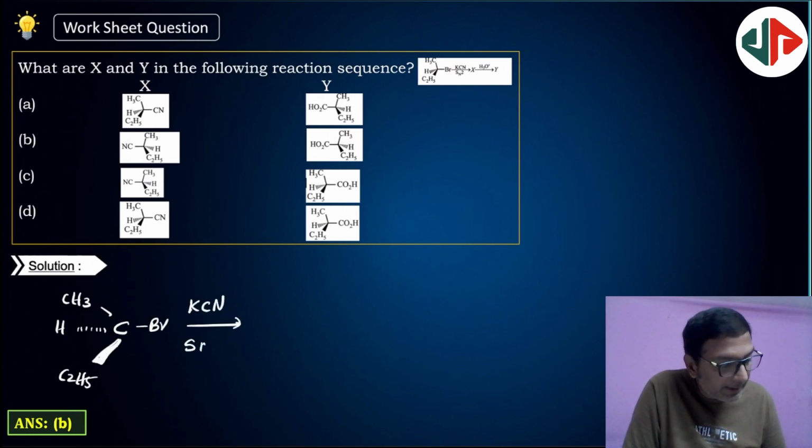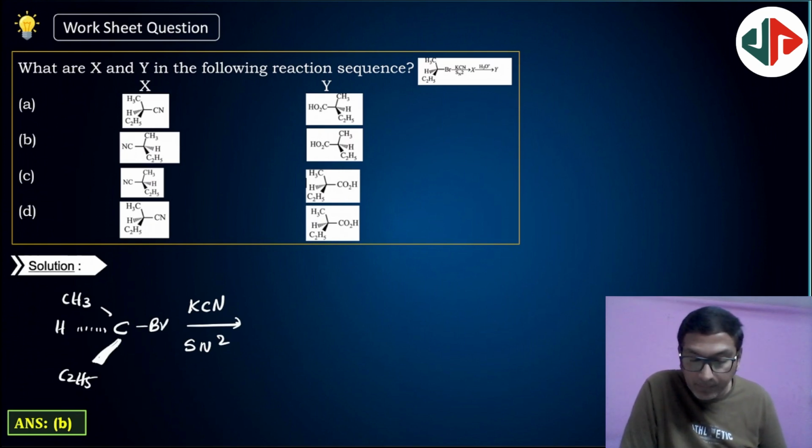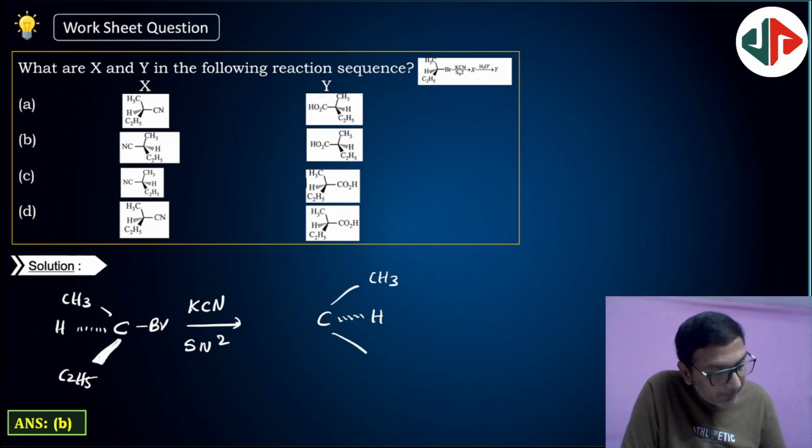KCN means here SN2 mechanism. Take SN2 mechanism. It gives here hydrogen, CH3 and ethyl group.